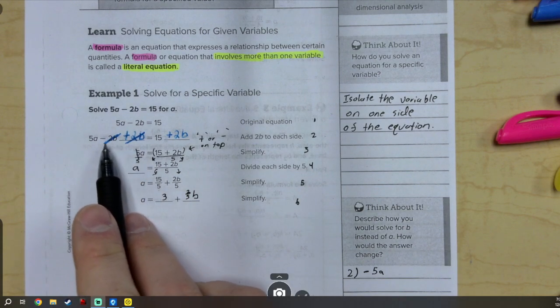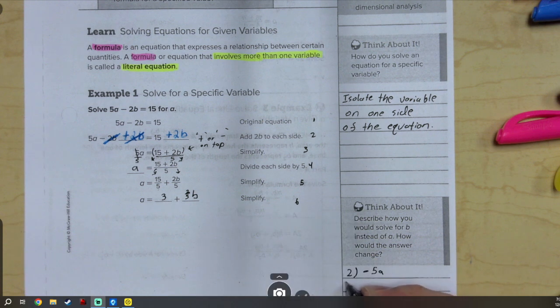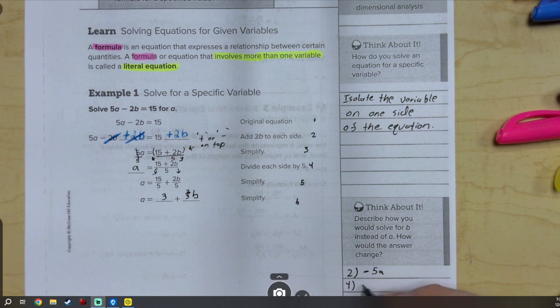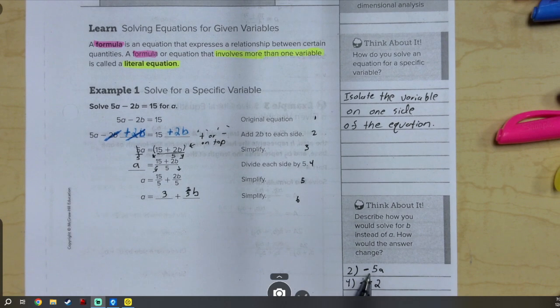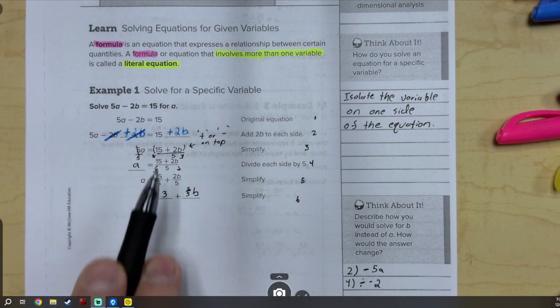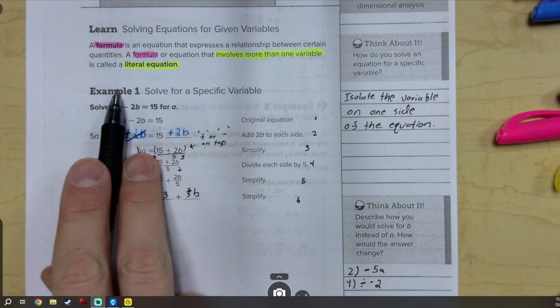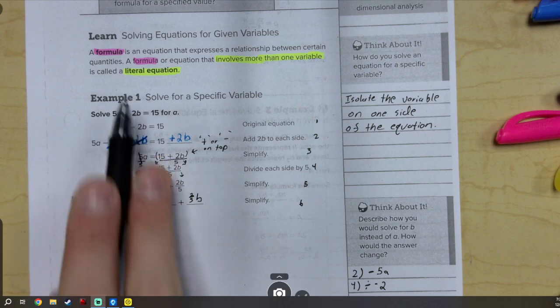After we subtract 5a from both sides, my new step 4 would be to divide by negative 2. So the subtraction step removes the a, and we're left with a negative 2b on this side. And then if we divide by negative 2, that would leave us with the b.